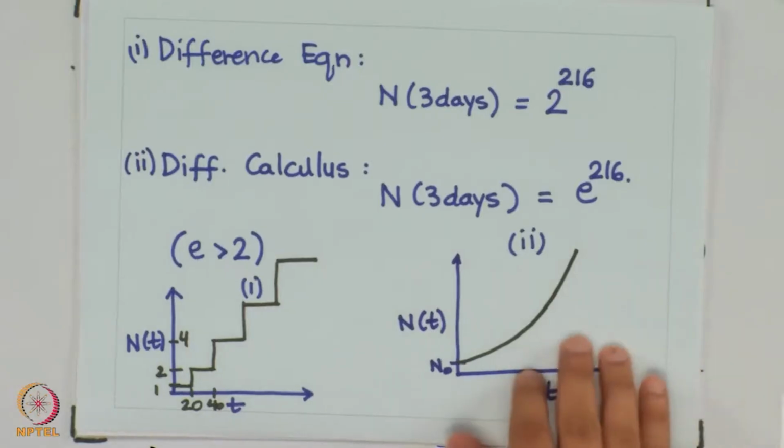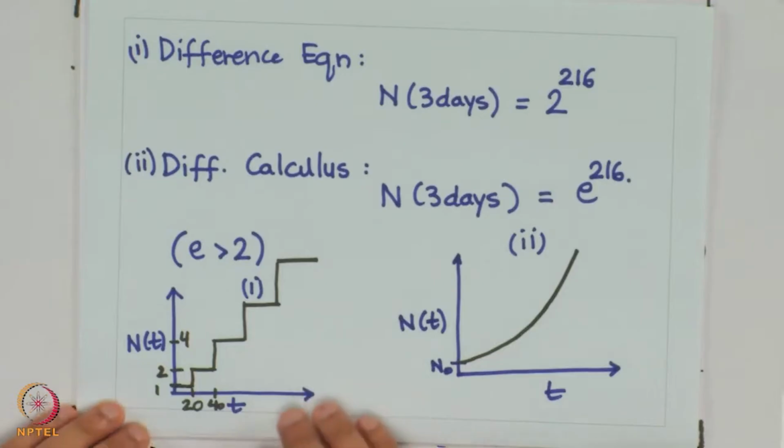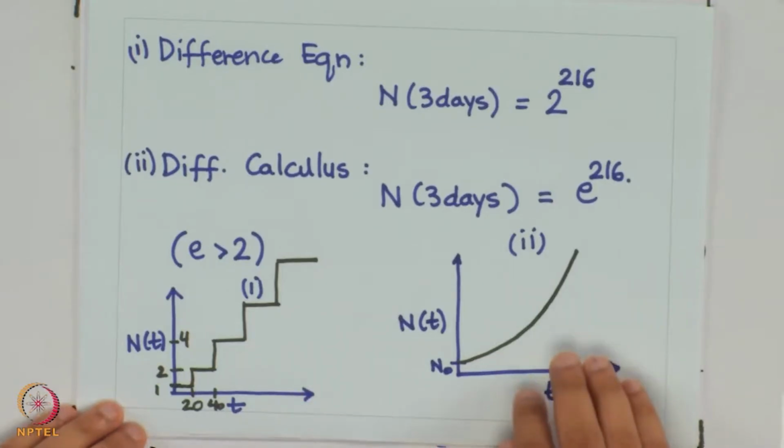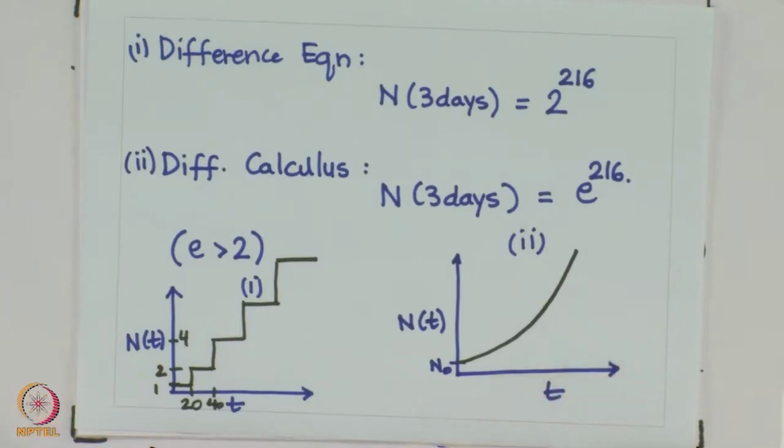And the reason this solution is not discrete, as compared to the difference equation, is that in the differential calculus formulation there is an implicit assumption that the division time for bacteria is not exactly 20 minutes. In fact, 20 minutes only represents the average division time for bacterial growth.